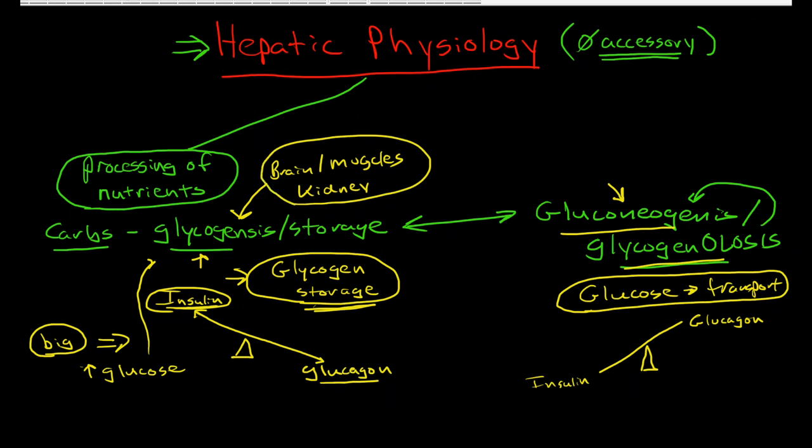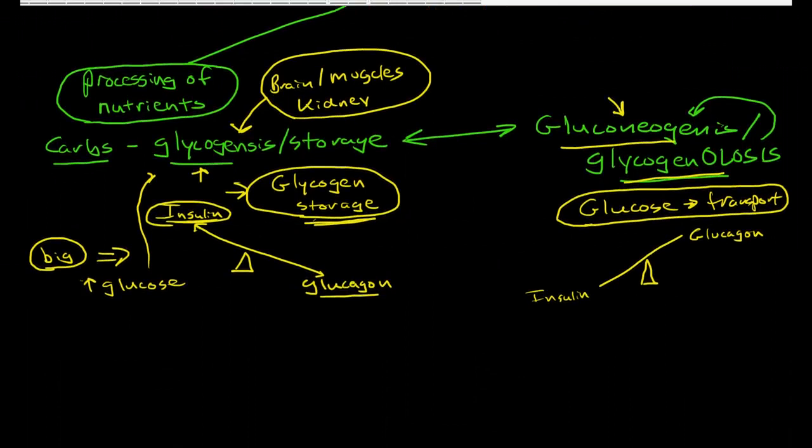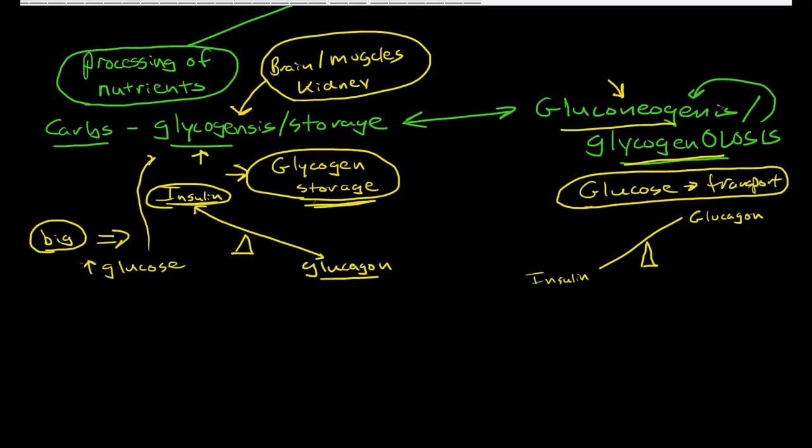Okay, so what other nutrients? Processing of nutrients. Now, the other two big nutrient groups are obviously proteins and lipids. The GI tract has digested and broken down proteins into amino acids.